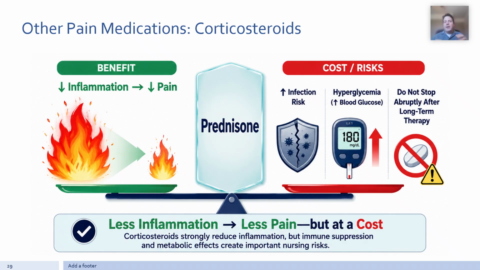With longer therapy, remember that corticosteroids generally should not be stopped abruptly because the body's natural cortisol production levels may be suppressed. A key connection here is less inflammation means less pain, but immune suppression and things like hyperglycemia can come with the cost. Never stop using them long-term abruptly.